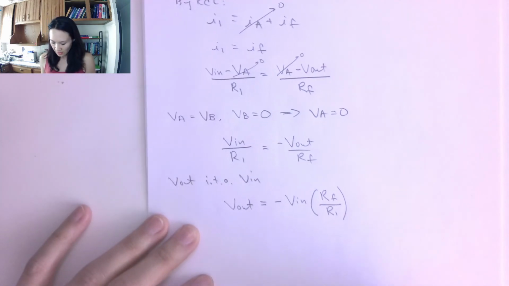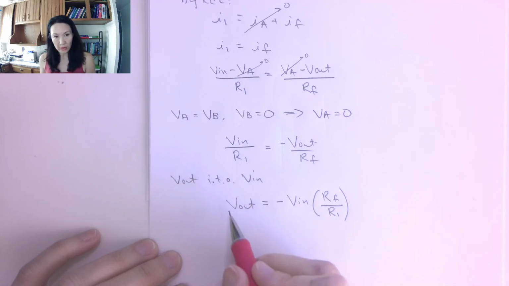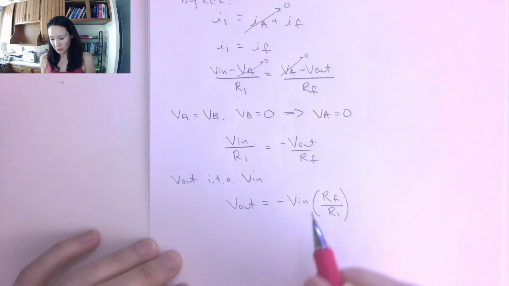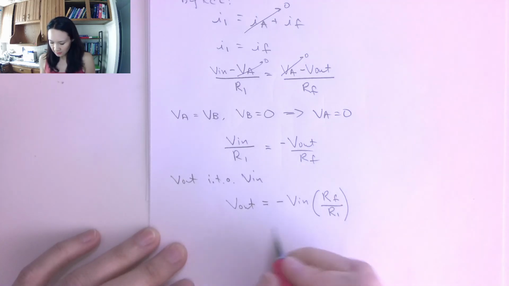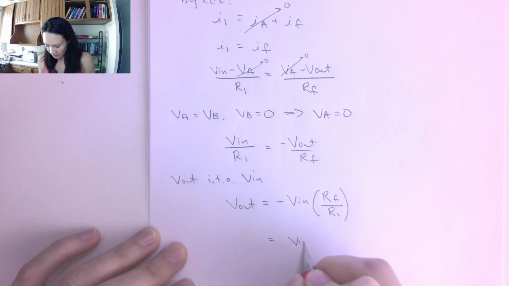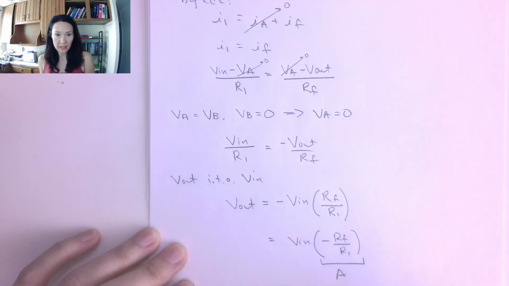Okay, so what is this telling us? This tells us that our output after the amplification is a function of our input times this constant right here. So if I wrote it like this, here's my V in times some constant, negative RF over R1, this thing right here is our gain.